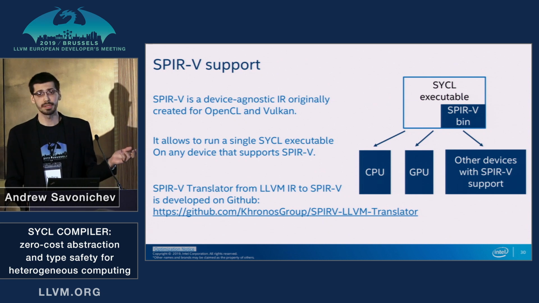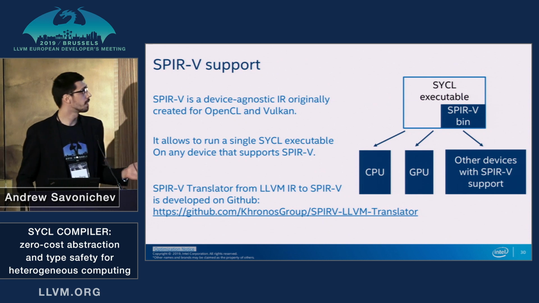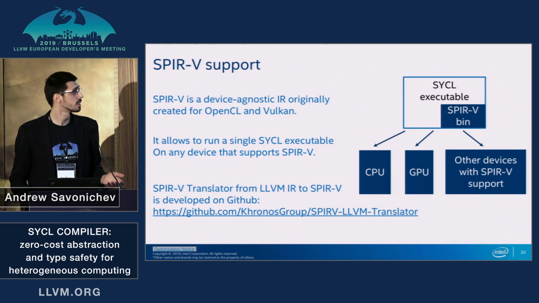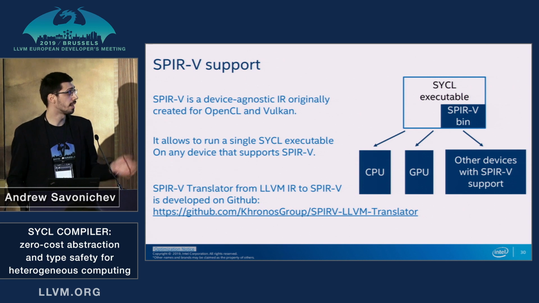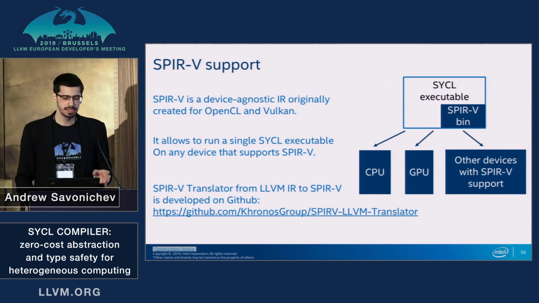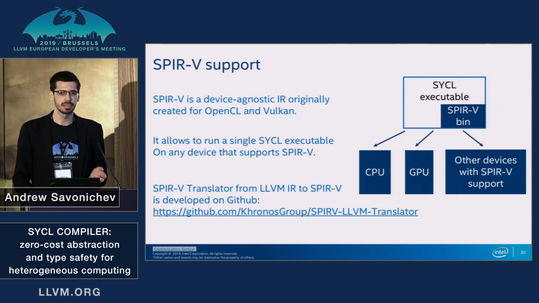And what is SPIR-V? Some of you may know this, but SPIR-V is another standard from Khronos, the company behind OpenCL, OpenGL, and SYCL. I forgot to mention that, but anyway. SPIR-V is an intermediate representation.